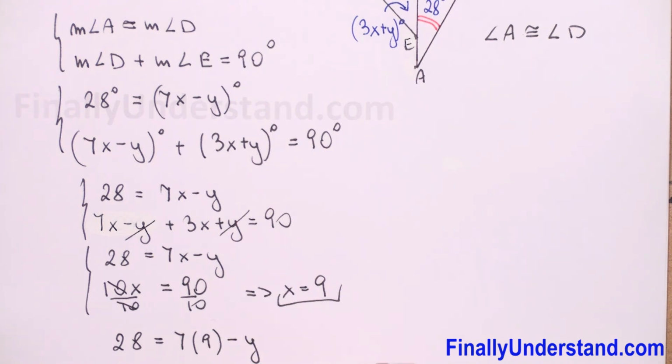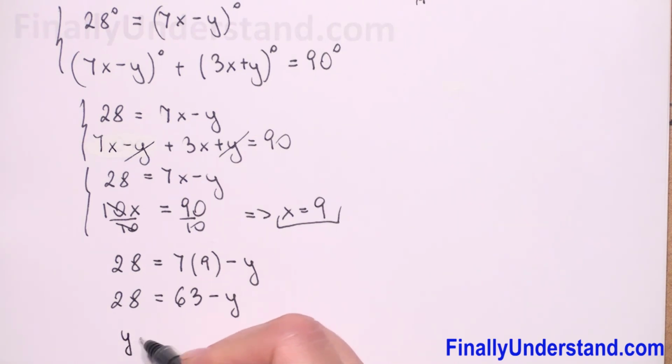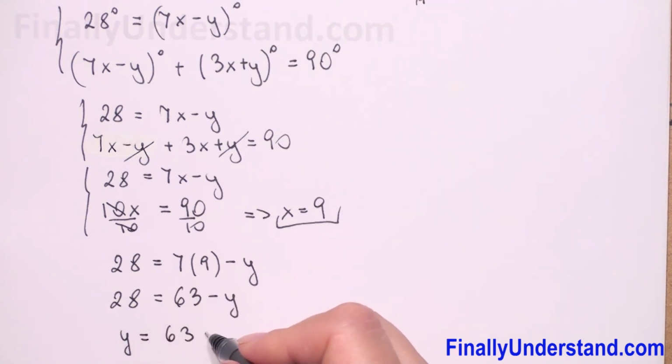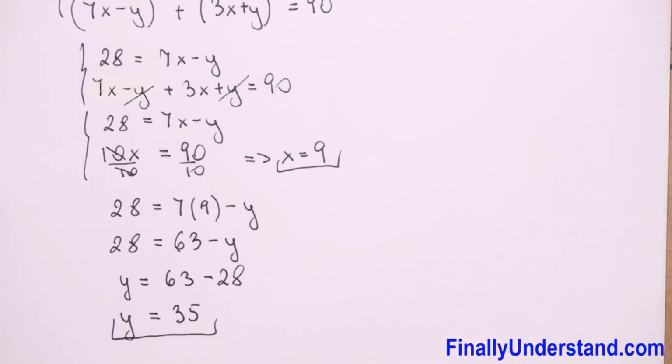Now I will move negative y to the left side, so we'll have y is equal to 63, and 28 goes to the right, so it will be minus 28. So y is equal to 35. So we found x and y. This is my solution.